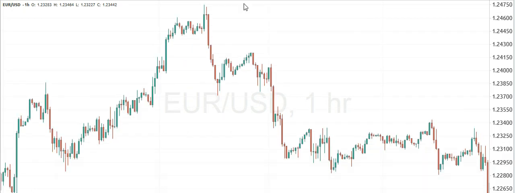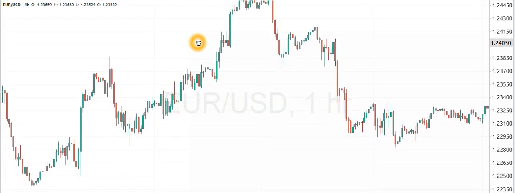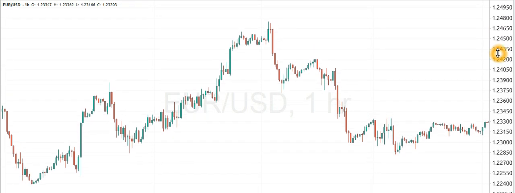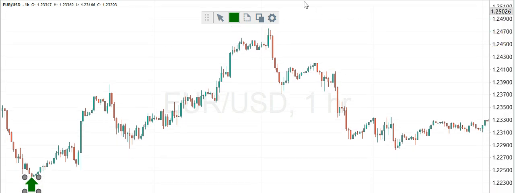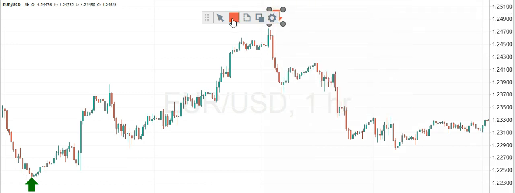For our example here, the lowest point on the chart would be right down here, and the highest point would be up here, based on the chart that we're currently looking at.